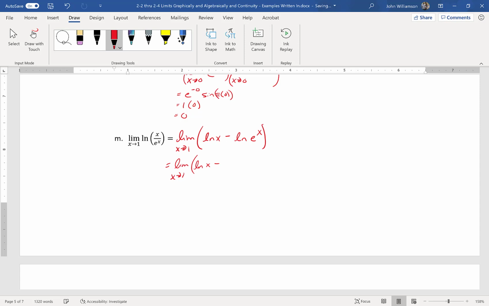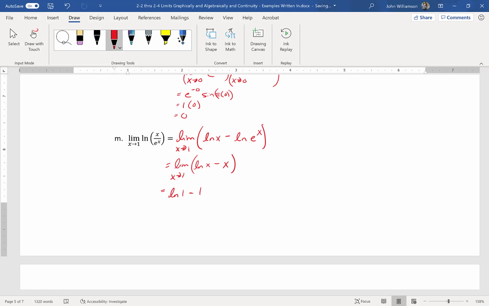And remember, natural log and e are inverses of each other. So by the inverse properties from 171, the natural log of e to the x just becomes x, because the natural log and e undo each other. Think of it the same way as square root and squaring, or cube root and cubing. Same idea. So then this just becomes minus x. And now we can direct substitute. Again, 1 is still in the domain of natural log x, so we're fine. So then this becomes natural log of 1 minus 1.